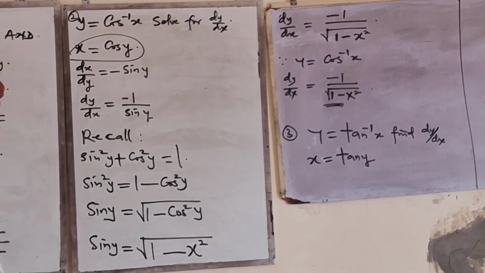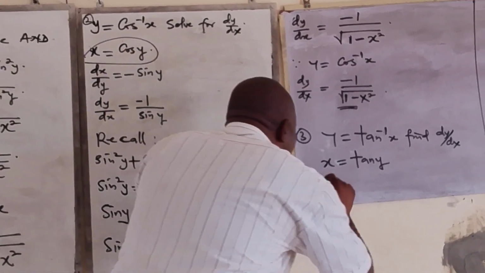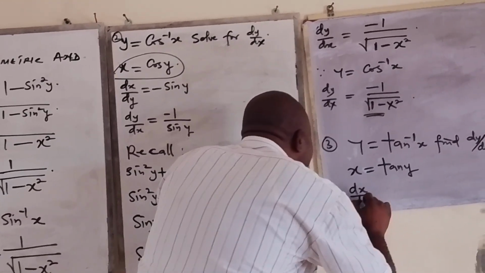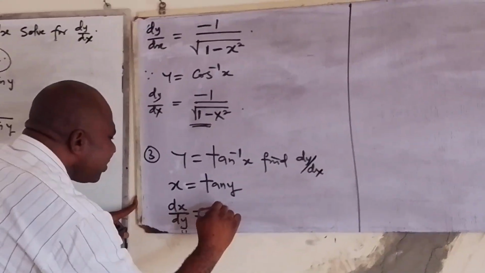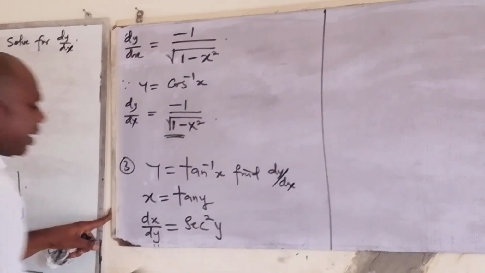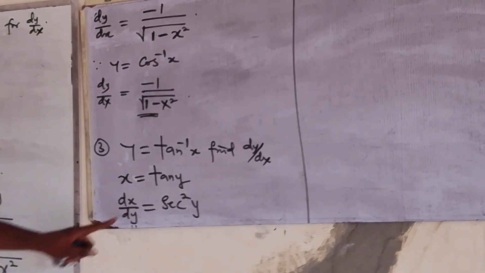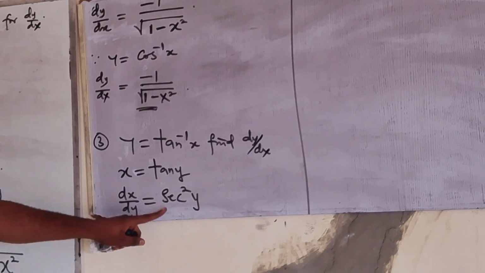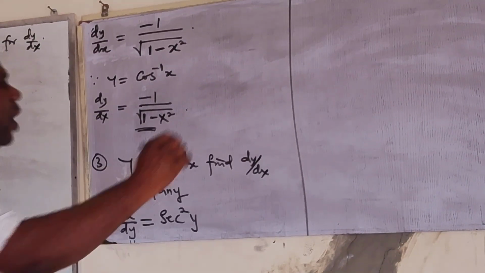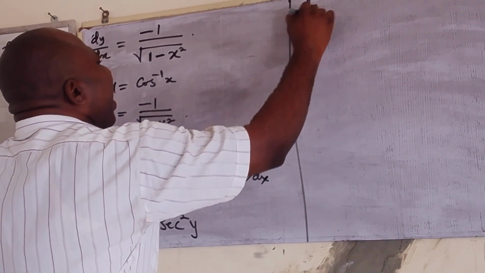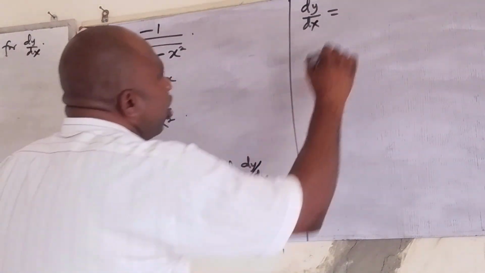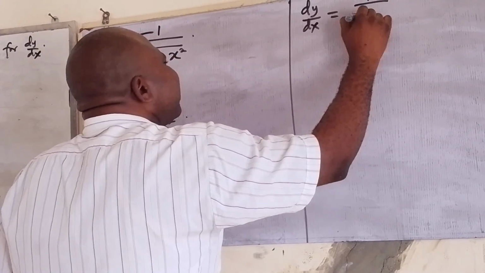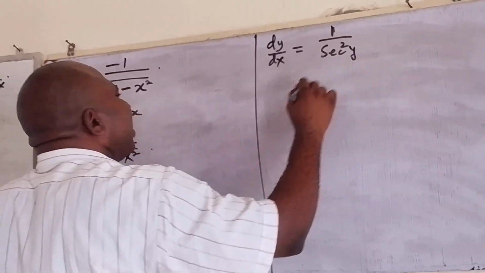So now, let's look at dx/dy. When you differentiate tan y, it gives sec square y. Now, let's look at dy/dx. The dy/dx now will be equal to the reciprocal of this. So that will be 1 all over sec square y.